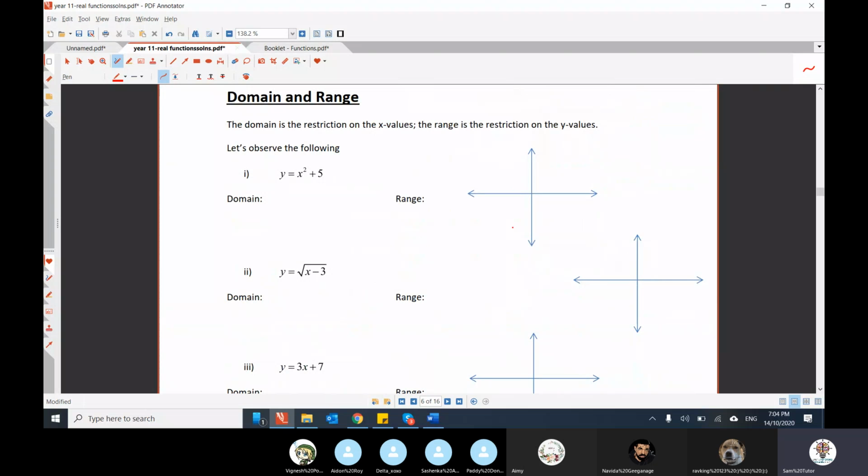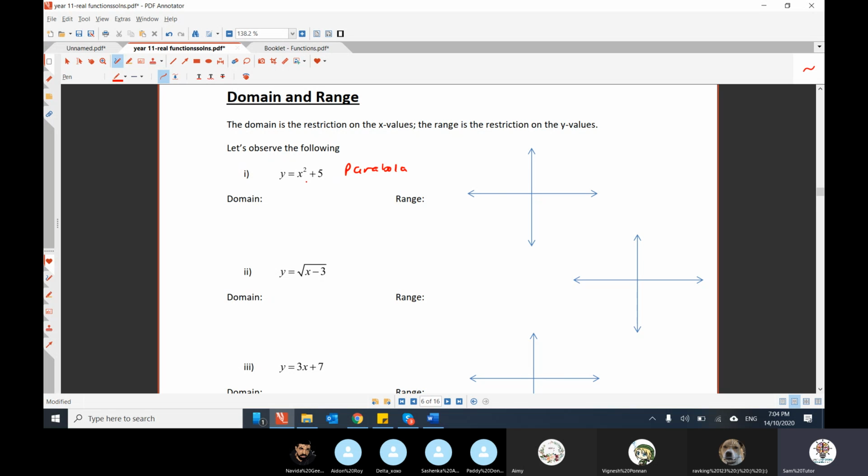Domain and range. Let's do this. First one, let's start with Vinesh. What kind of graph is it? It is a parabola. Yep. And what's happened to that parabola?